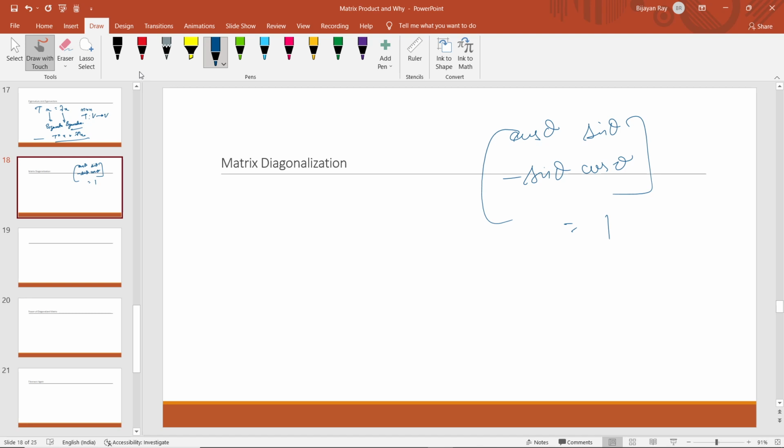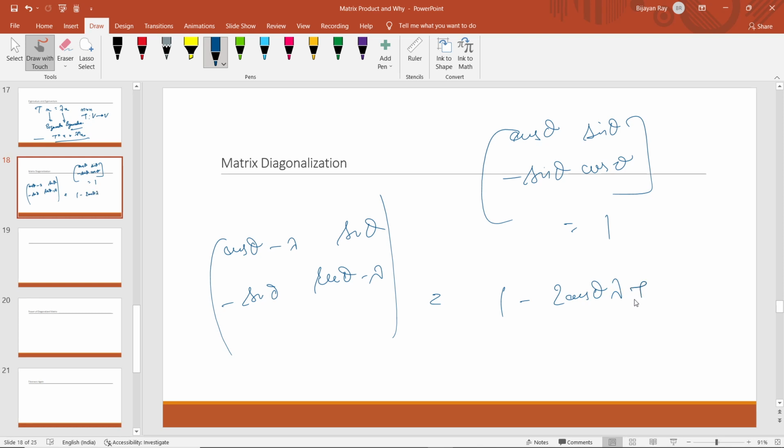So now that he did bring up this issue, cos theta minus lambda squared equals minus sin squared theta, which gives lambda squared minus 2 cos theta lambda plus 1.